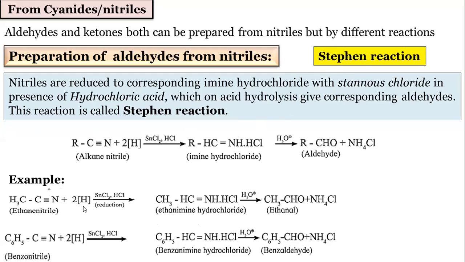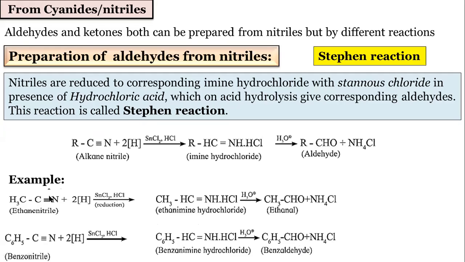Again, by using reduction with stannous chloride, the imine hydrochloride intermediate is prepared, and the final product is ethanal. If you take benzonitrile, benzene cyanide, again the imine hydrochloride intermediate is formed. One hydrogen is added to this carbon, another hydrogen is added to this nitrogen, giving imine hydrochloride. After hydrolysis, we get benzaldehyde.